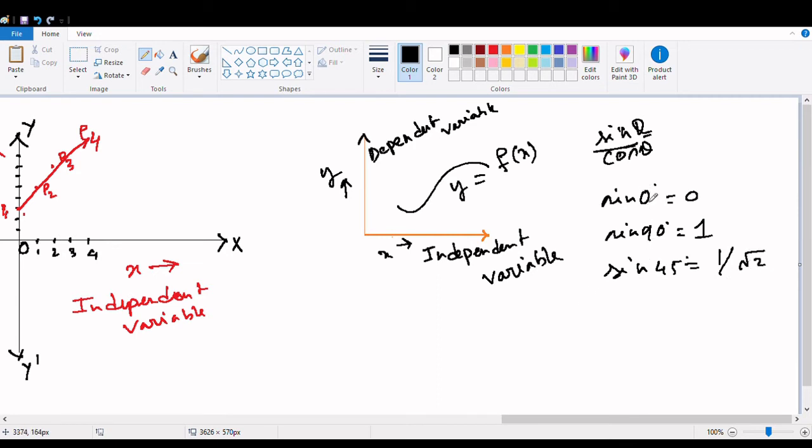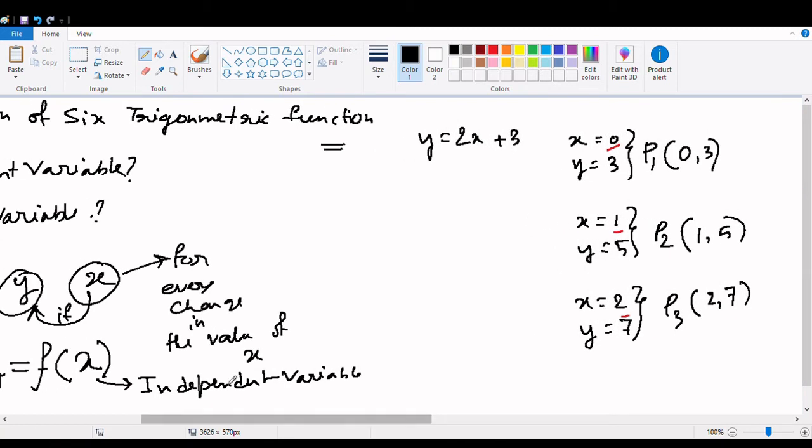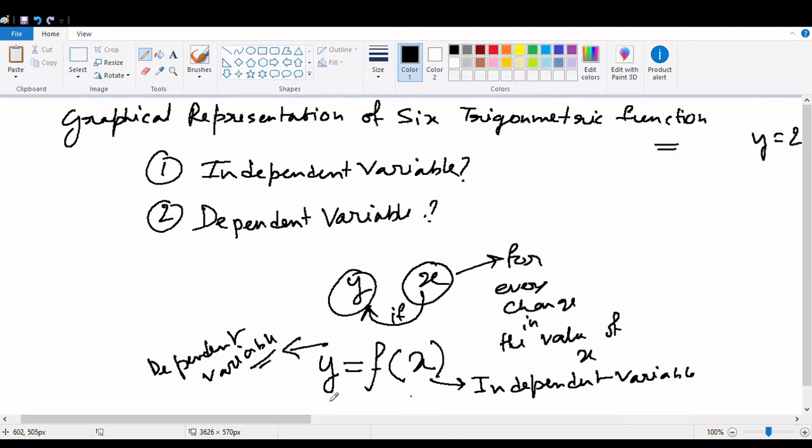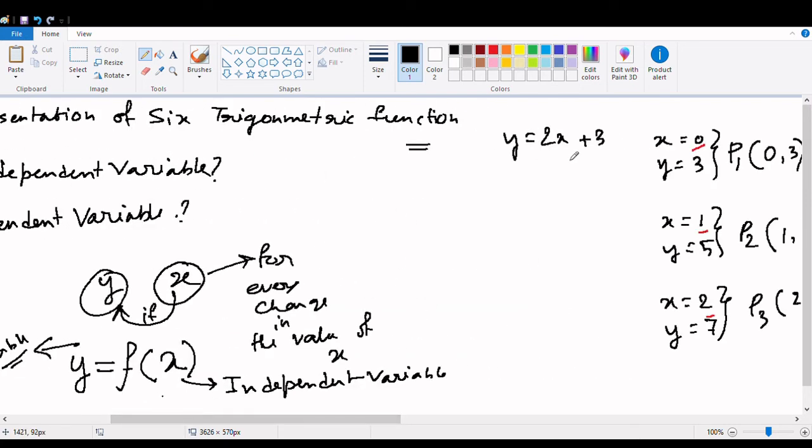So you can see that here this theta is changing in each case, and we are getting different values of y equals sine 0, sine 90, sine 45 and so on. With the concept of independent variable and dependent variable, where in the previous case x was the independent variable and y was the dependent variable, for each change in the value of x we have a different value of y.